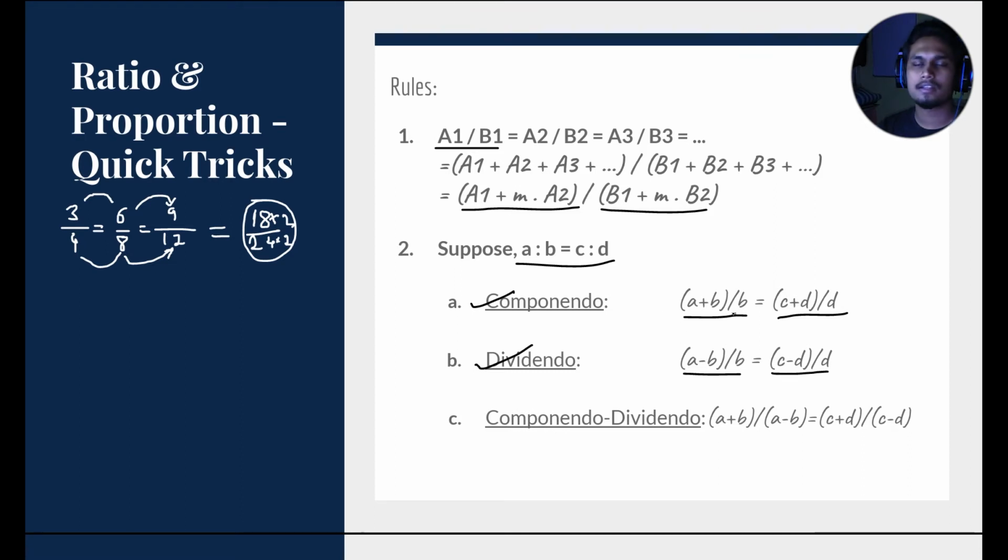Now if we divide the equation in the Componendo rule by the equation in the Dividendo rule, we will get a new one, that is a plus b by a minus b is equal to c plus d by c minus d.